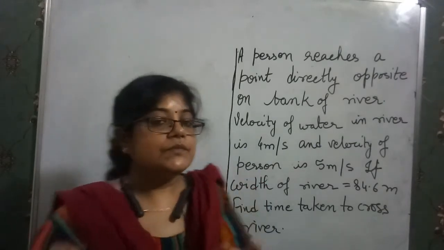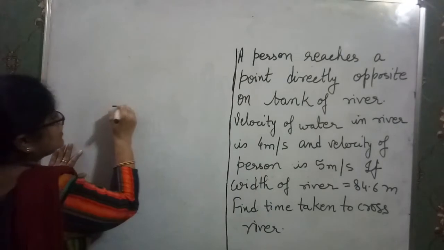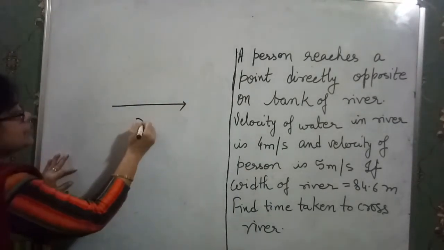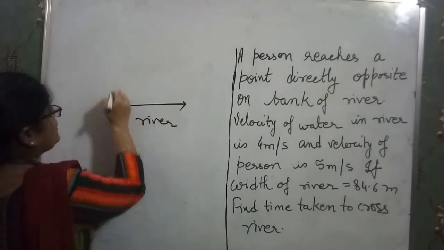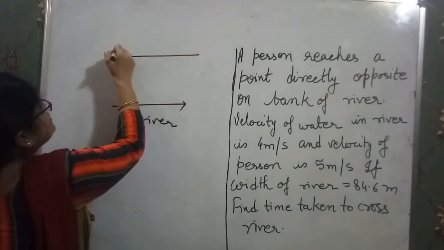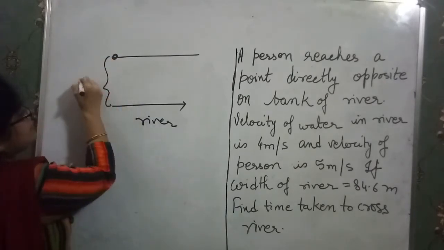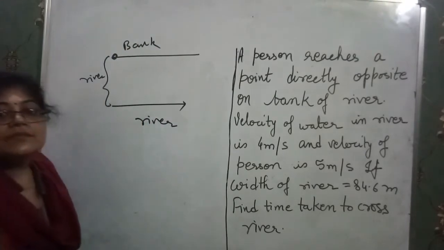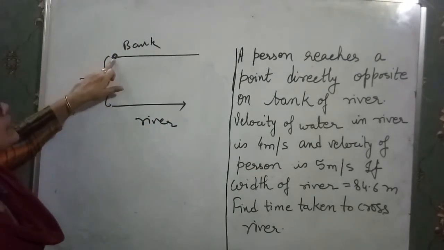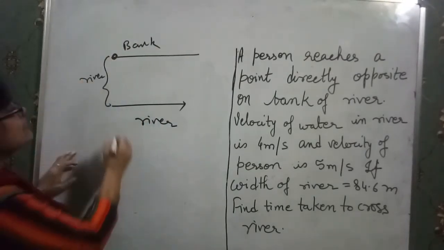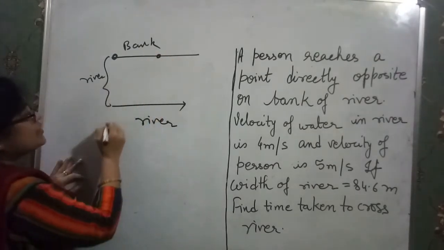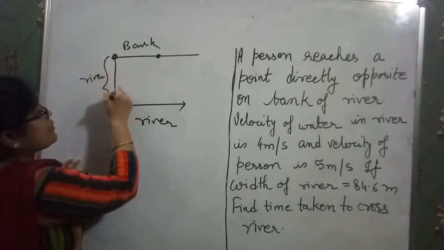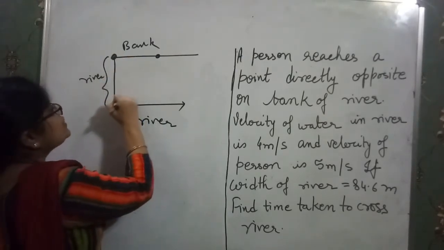Similarly, in this way, for example, the velocity of the river is in this direction, and there is a point opposite, and this is the river, this is the other bank. If a man has to reach from here to here, for example, he has to reach here. When the man starts swimming, he tries to swim in this way, but actually he swims in this way.